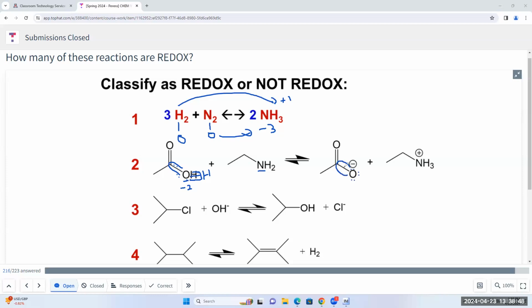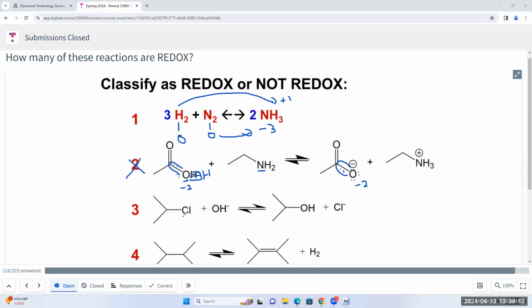The carbon-oxygen bonding electrons will spend more time on oxygen as well, meaning we still have 8 electrons around this oxygen, so the oxidation state is still -2. The oxidation state has not changed in the business end, meaning this is not a redox reaction. If the oxidation state has not changed, it hasn't undergone a redox reaction.